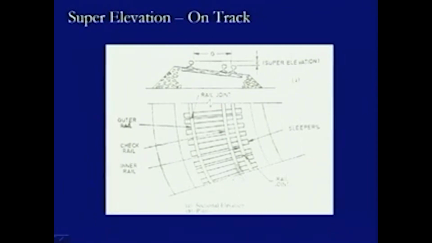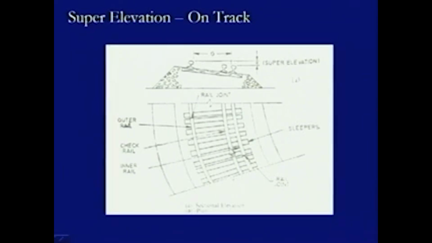Once we have provided this check rail, it will not allow the wheels to move further in this direction; it will restrict that movement. This is how it checks the movement in the lateral direction of the rolling stock because of certain reasons like the centrifugal force in the case of a curve.